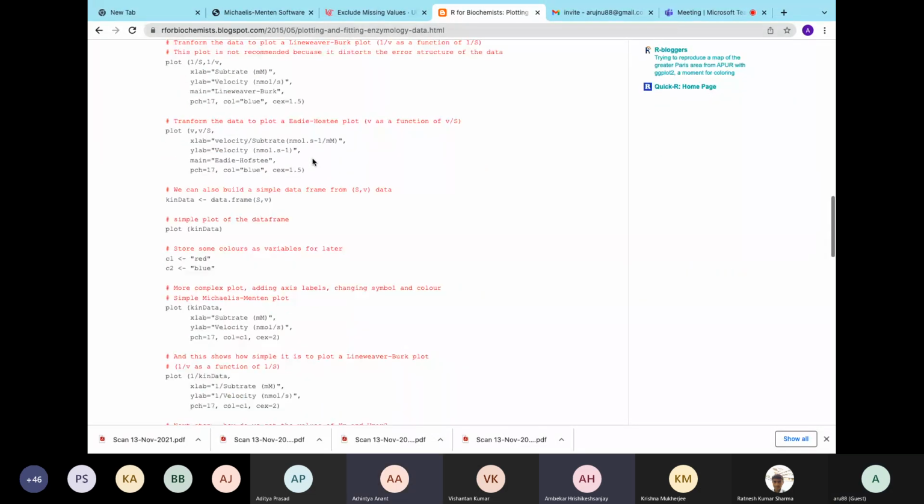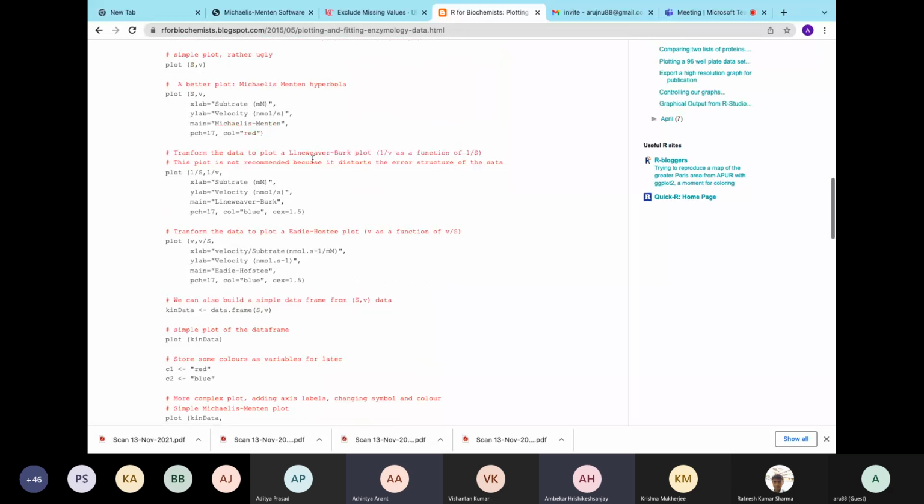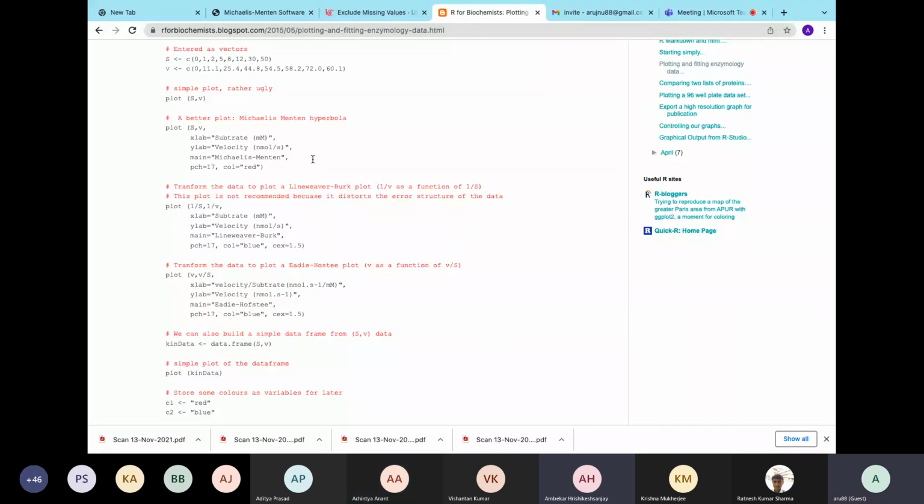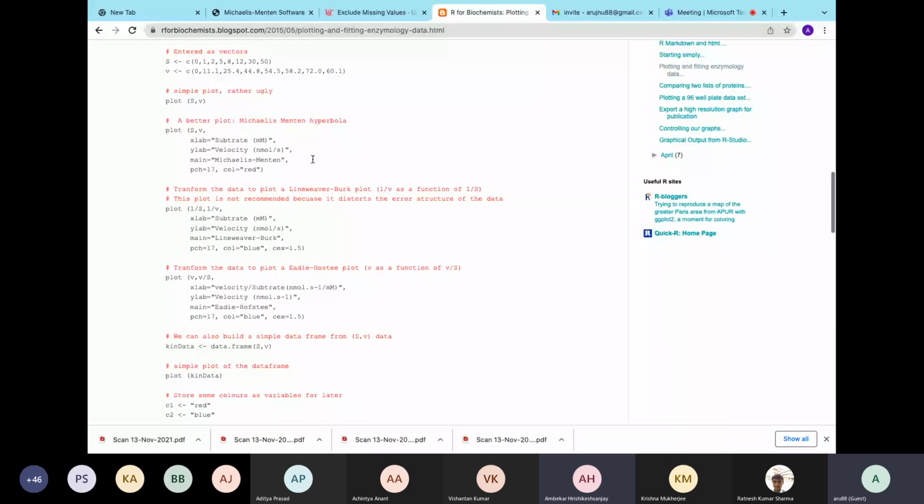Sir, do we have to also plot this graph in a lab report, like this product versus this plot of the enzyme assay? Yeah, whatever you do, keep a record of that with yourself, and at the end of the day, you are going to analyze it and you are going to have a conclusion, right?